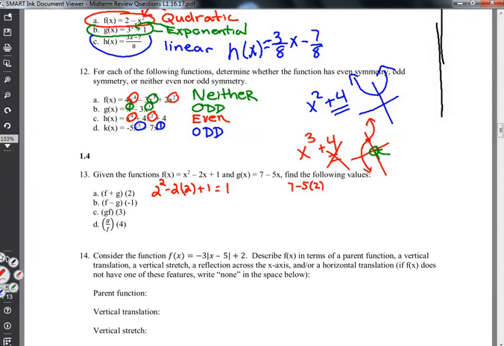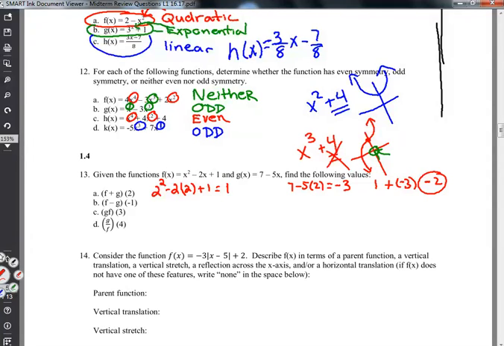And then 7 minus 10 would be negative 3. So if I take 1, which is f, and add it to negative 3, I would get negative 2. That's my answer. And if I actually added both those functions together, I would also get negative 2.